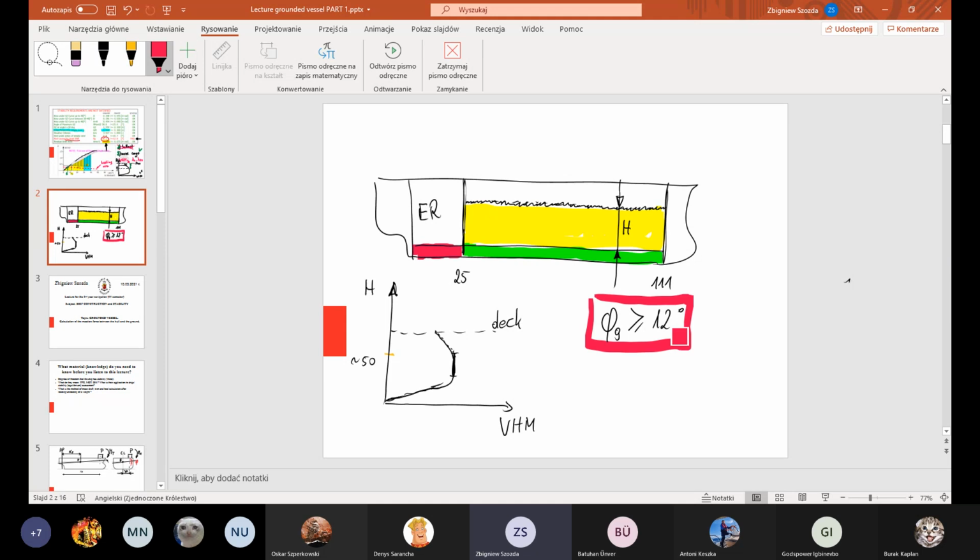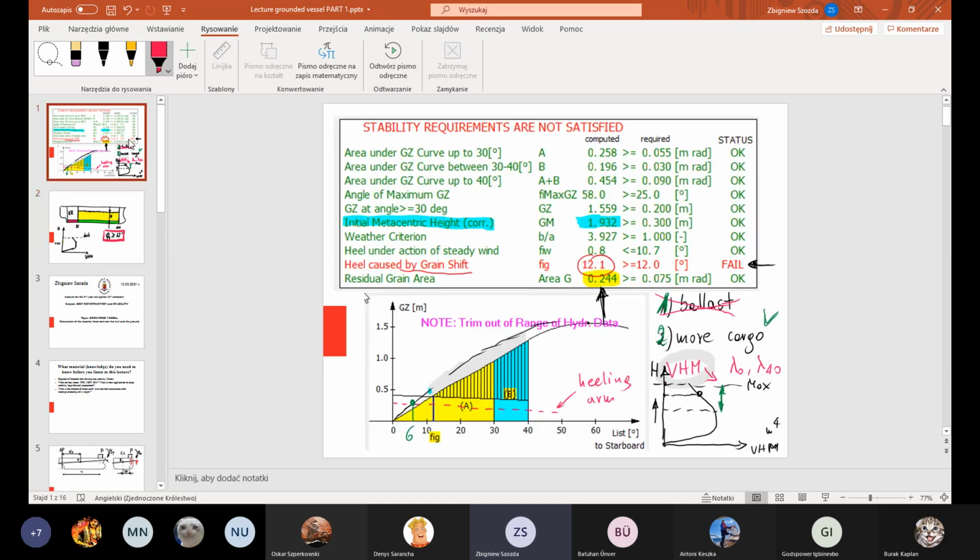And the question was what to do to change somehow the loading condition in such a way that the heel caused by grain shifting will be smaller than the maximum required as a standard here. Yeah? This was the question.